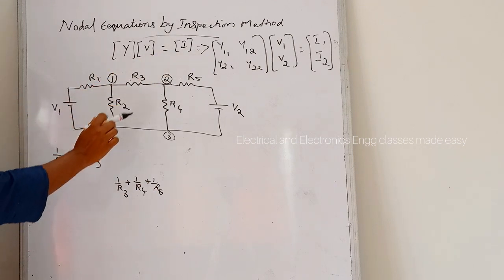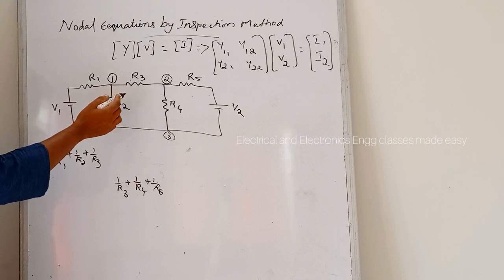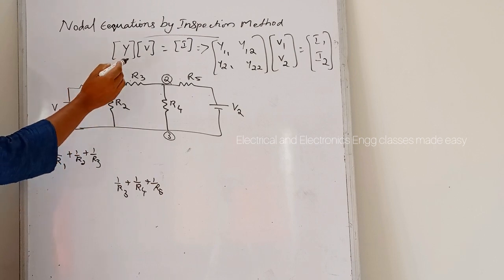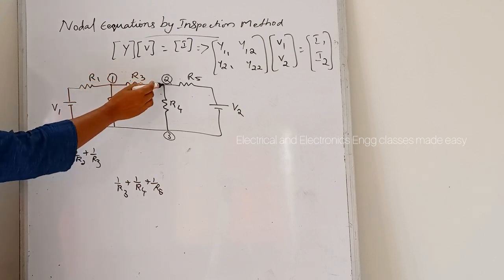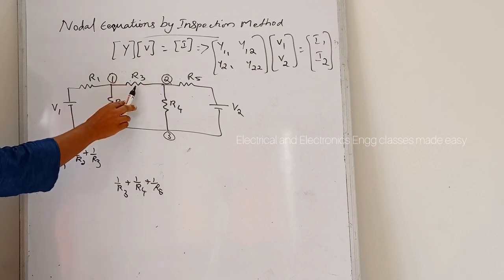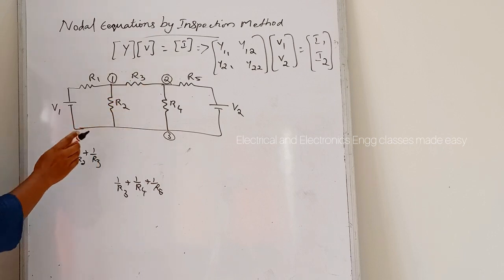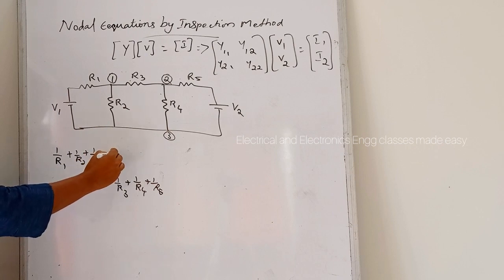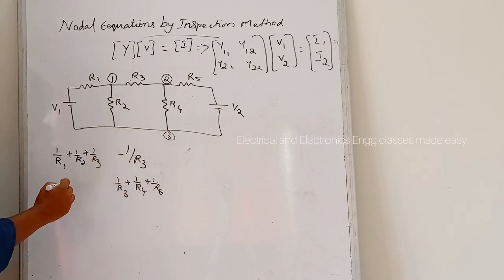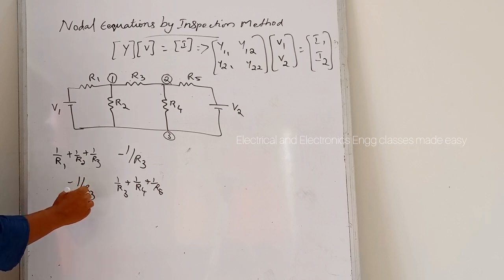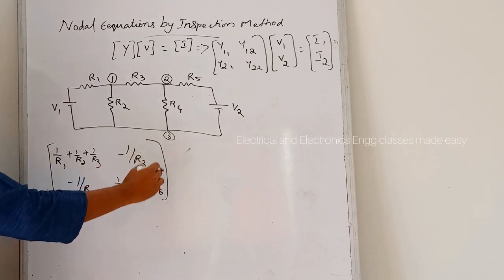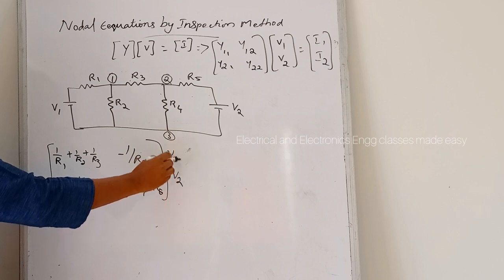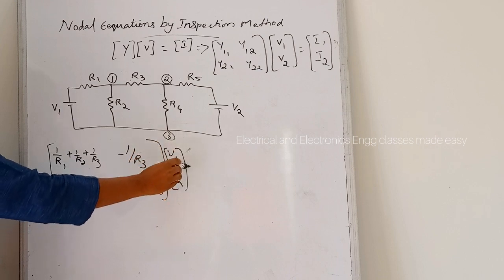Between node 1 and node 2 there is only one resistance, R3, and we take its reciprocal with a negative sign, that is minus 1 by R3. Here also minus 1 by R3. Then into V1 and V2, the voltages.